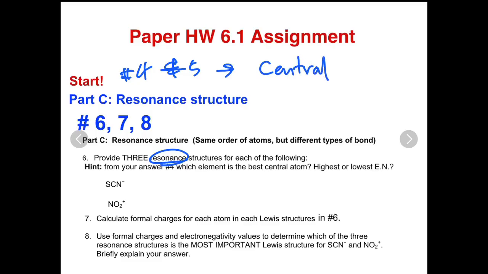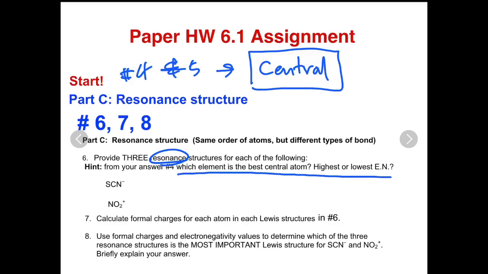So you should be able to find out which one should be the best central atom, as we already discussed. The one that has the least electronegativity value would be the central atom, according to the formal charge chart that we probably did on number 4.